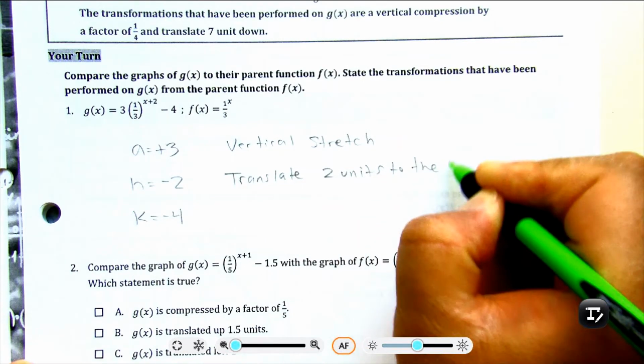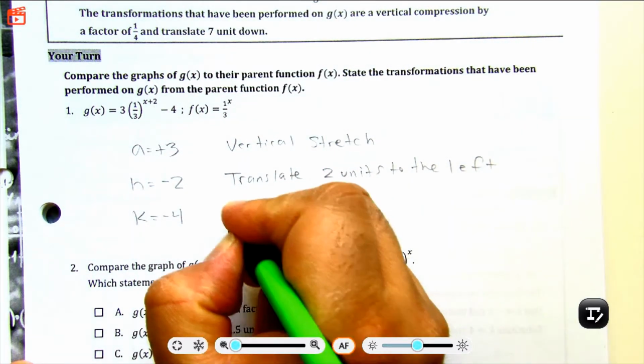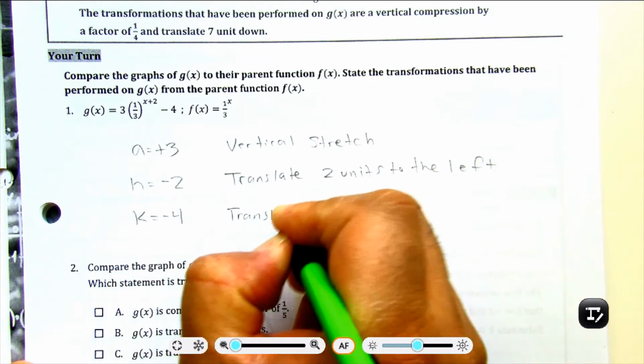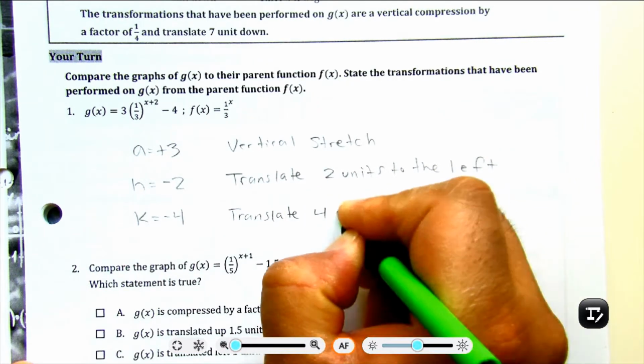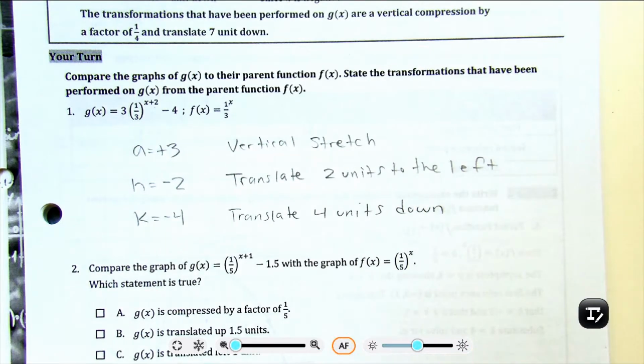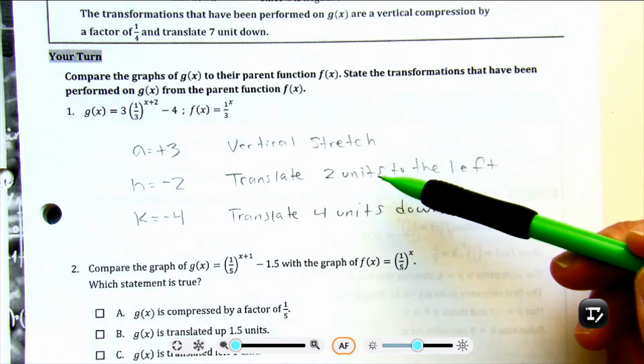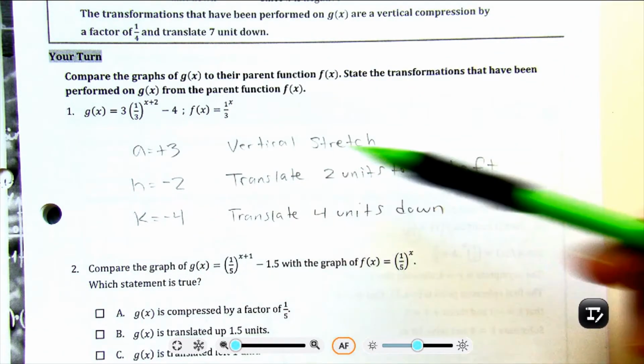And then what happens when K is -4? That's a translate 4 units down. So these are our 3 things. There's a vertical stretch of a factor of 3. There's a translate 2 units to the left and translate 4 units down.